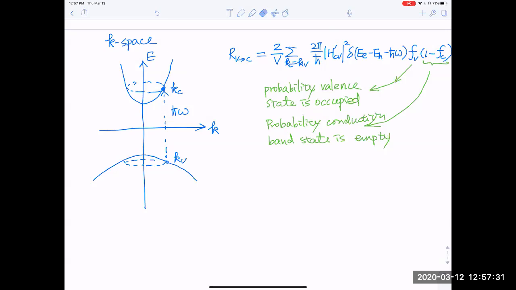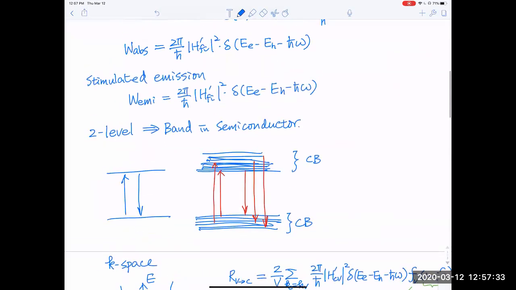Let me write it here. So the question is, why not delta of h bar omega minus EE minus EH? The delta function actually satisfies delta of minus x equal to delta of x. So these two are the same. They are both just conservation of energy.